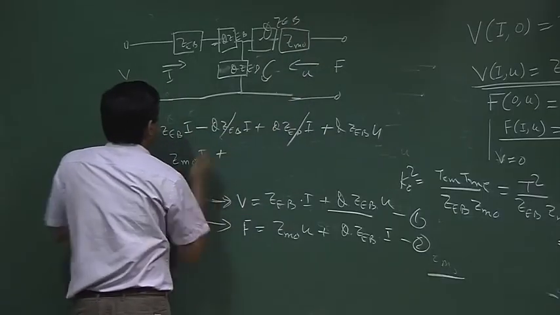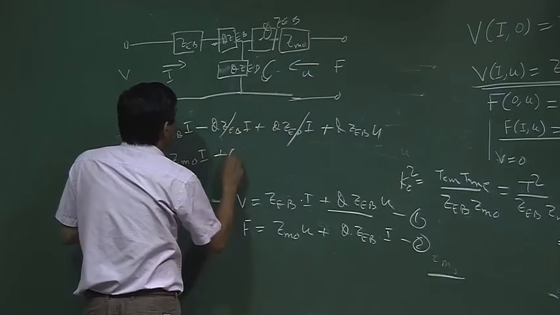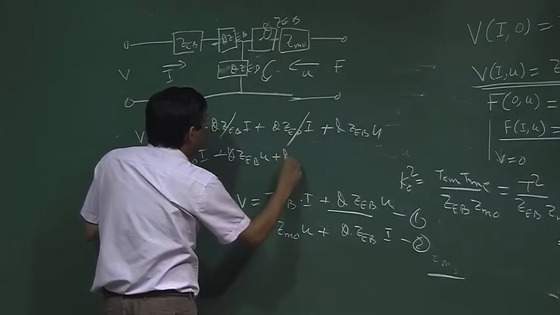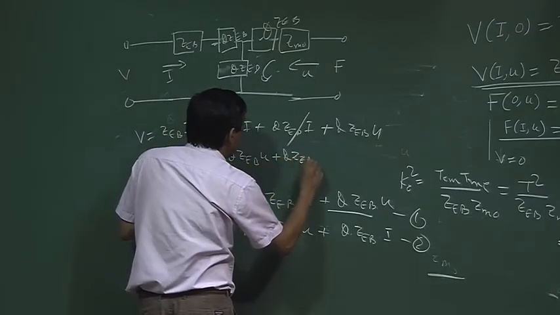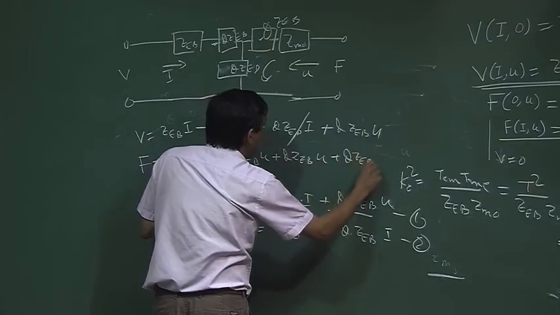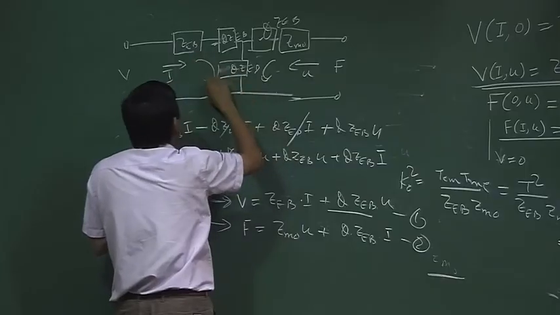So, minus phi ZdB into U plus phi ZdB into U plus phi ZdB into I. Current I will be flowing in here.